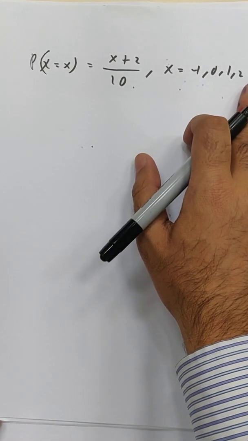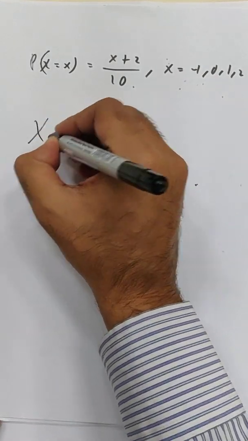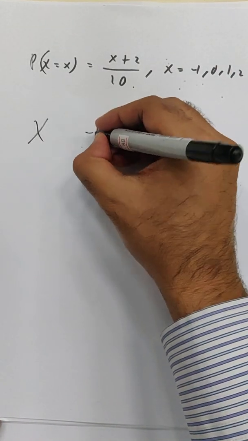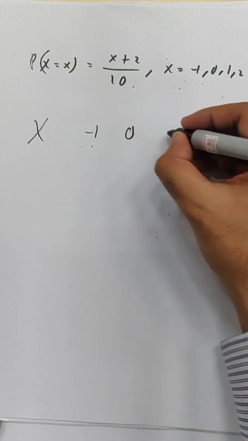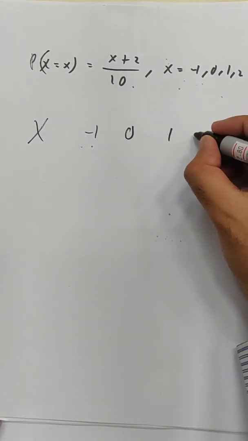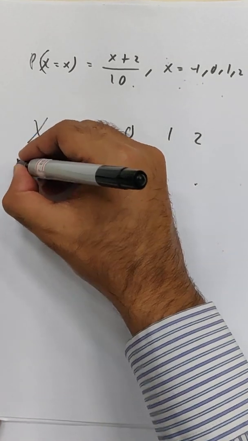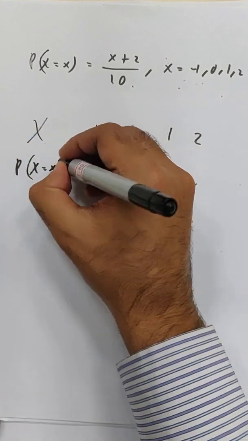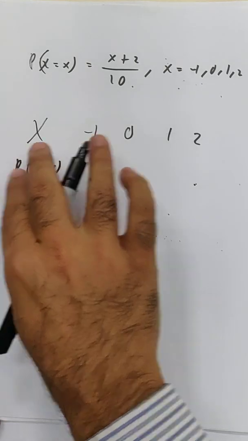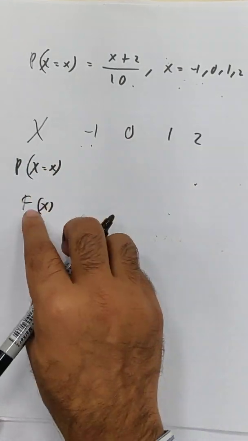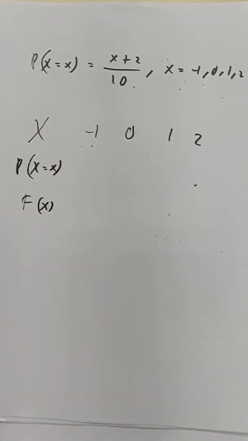Write down the X firstly. So what X do you have? Negative 1, 0, 1, 2. And then you do the P. Once you calculate the P, find me the cumulative. Okay?